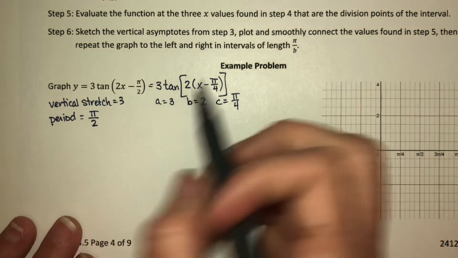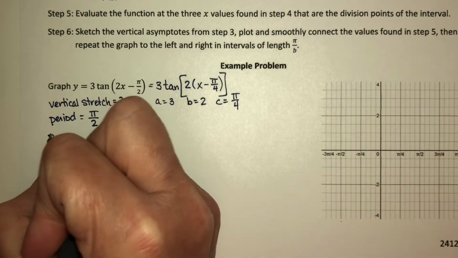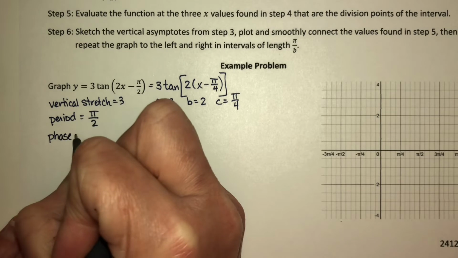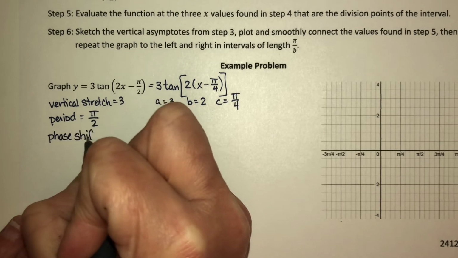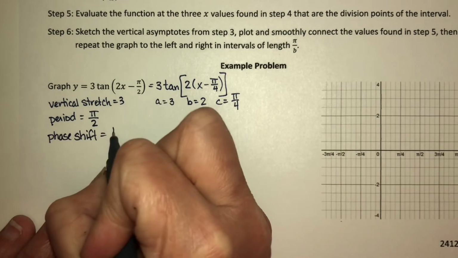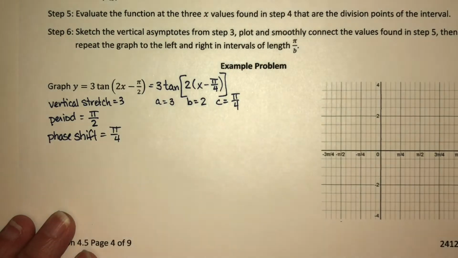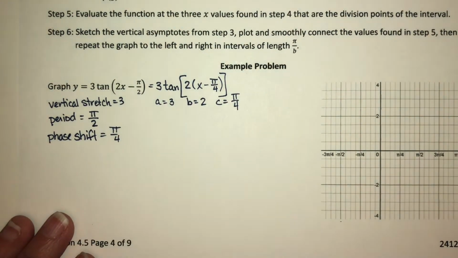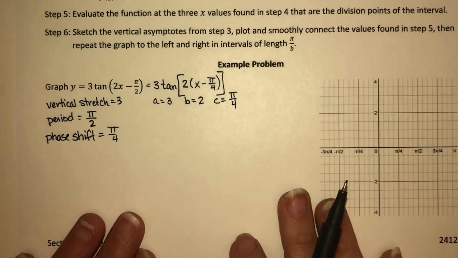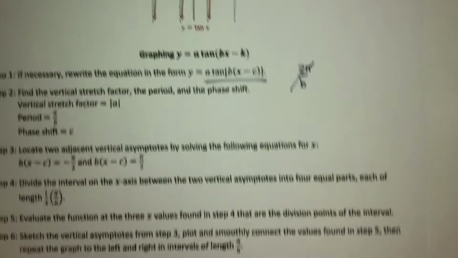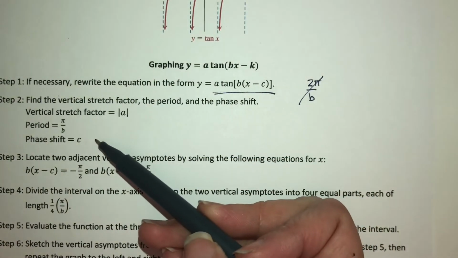And our phase shift is c. So that is pi over 4. Okay, so what we've done is we've made it through step 2 here.